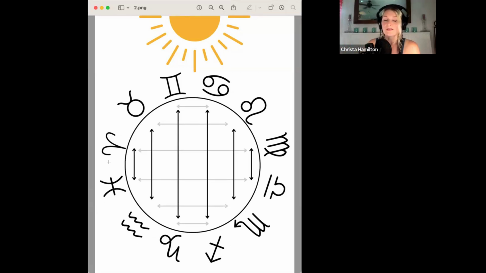So there's a different relationship. It's not just equal. It's more of an applying, receiving sort of aspect, which can feel oppositional. So what are your thoughts on contra Antiscia and how it's used?